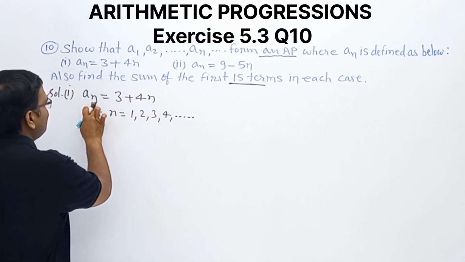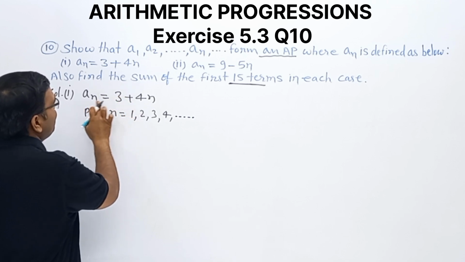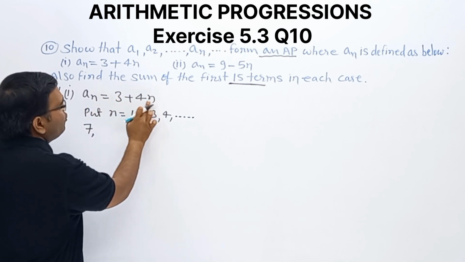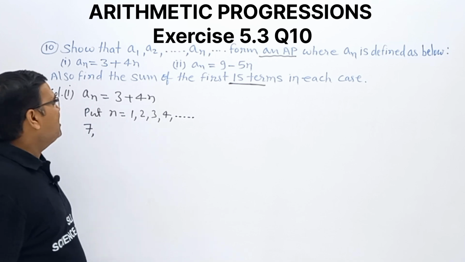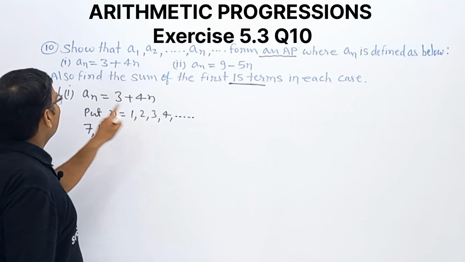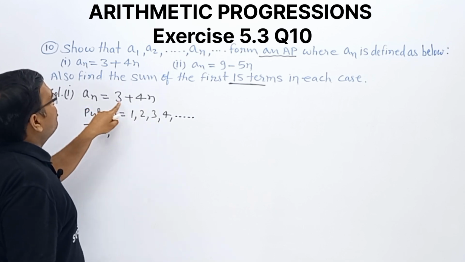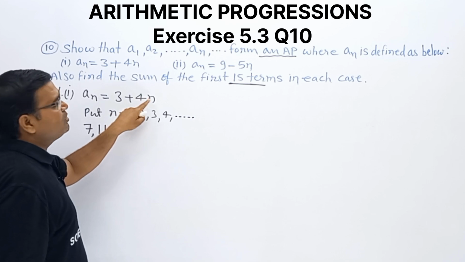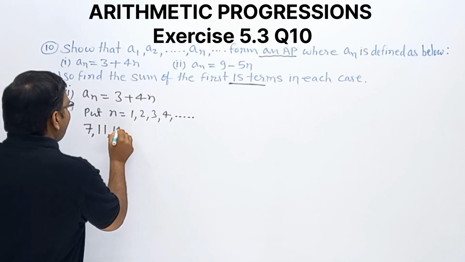Now n equal to 2, then A2 equals 3 plus 4 into 2, 4 twos are 8, 8 plus 3 will be 11. Next, n equal to 3, A3 will be 3 plus 4 into 3, 4 threes are 12, 12 plus 3 will be 15.